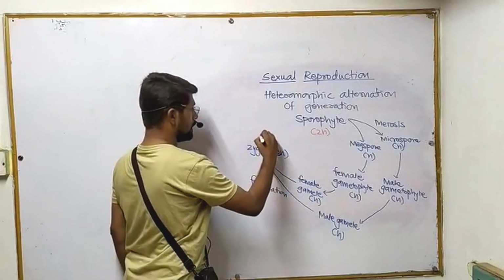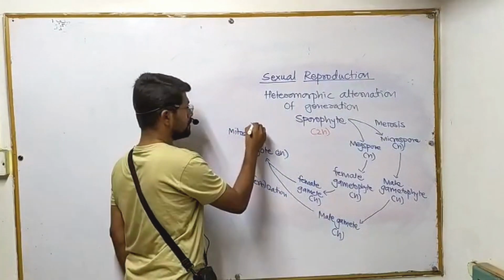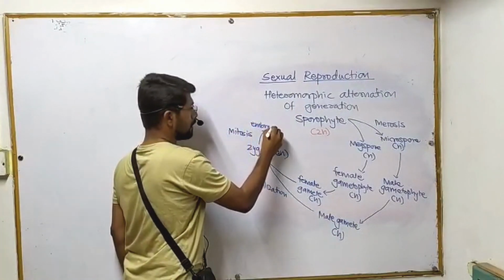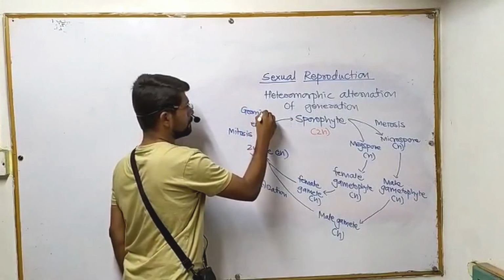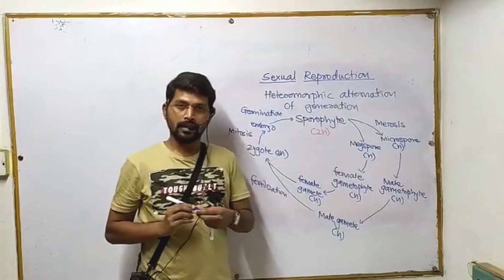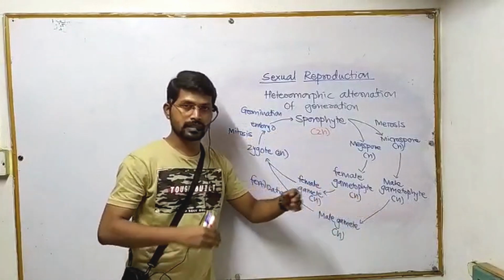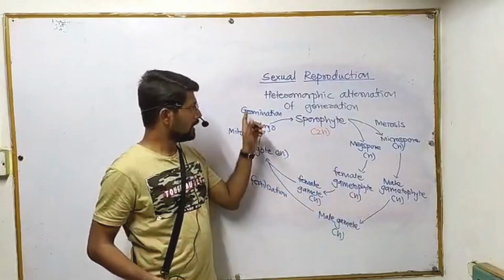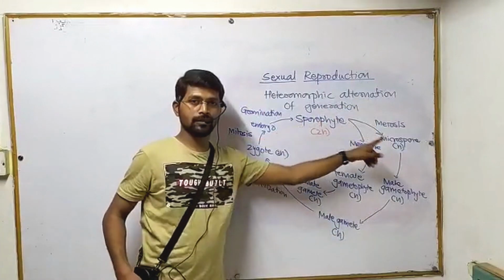This zygote divides and redivides by mitosis to produce an embryo, and this embryo germinates to develop the new sporophyte. In this way, the sporophytic phase and the haploid gametophytic phase come one after the other in the life cycle of the plant, which is called heteromorphic alternation of generation.